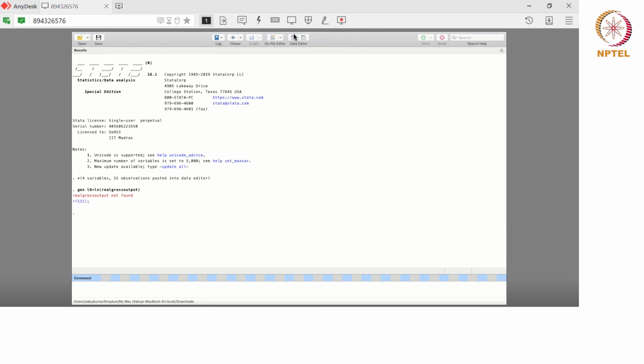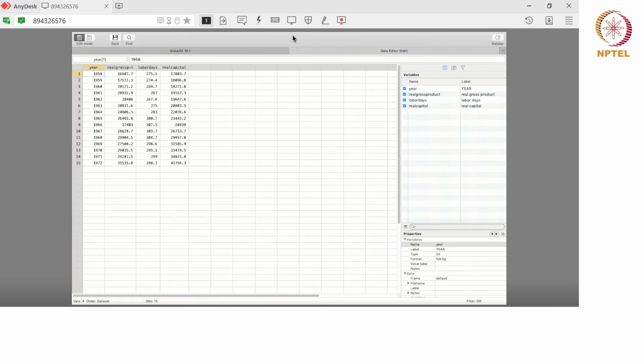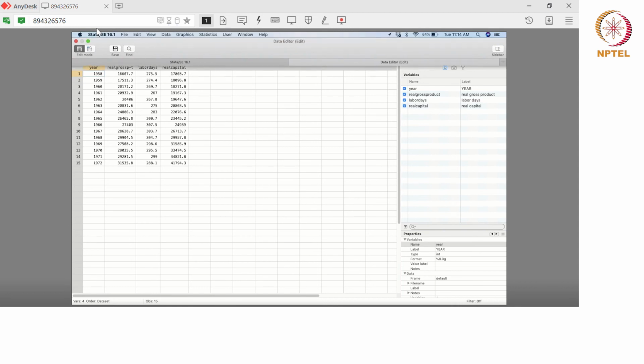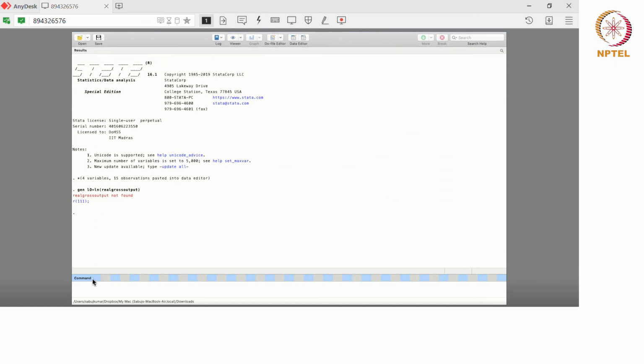Oh sorry, it is real gross product. You have to type the variable name exactly. If you make a mistake there, it will not work. Real gross product, instead of output.